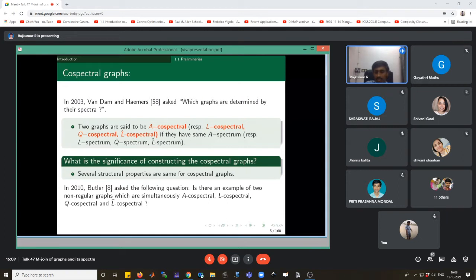We have answered this question by providing one example. There was a partial answer to this question by some authors. They obtained some examples of graphs which are simultaneously A co-spectral, L co-spectral, and L-cap co-spectral, but not Q co-spectral.